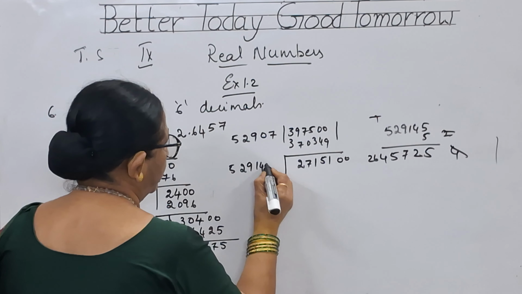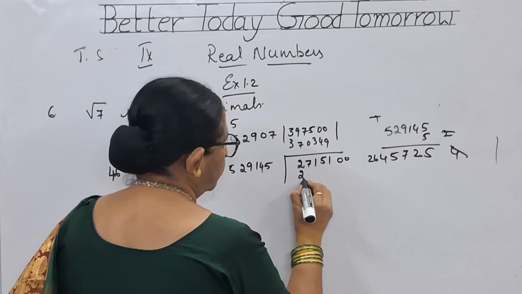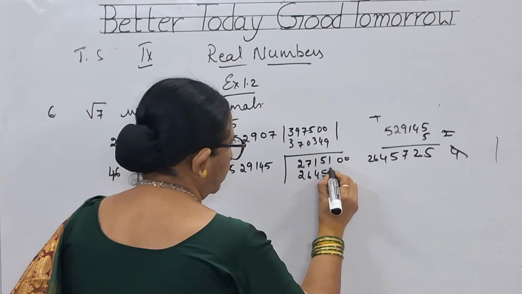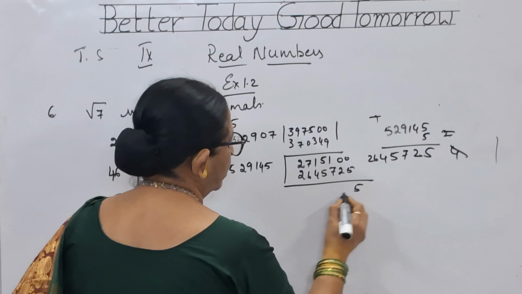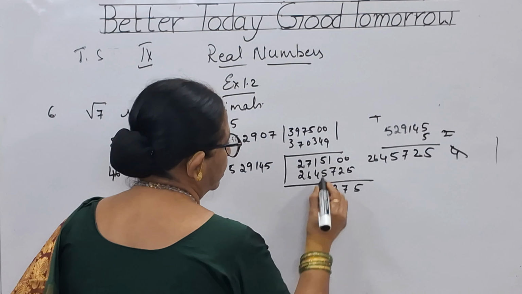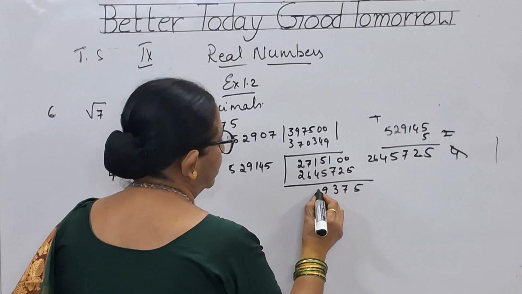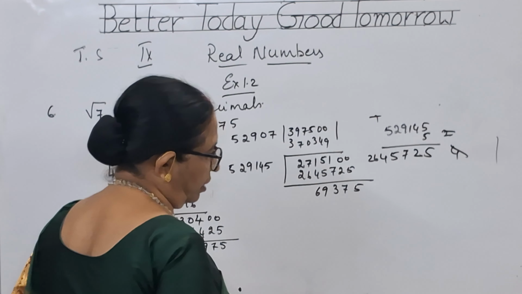It goes. So 5 here and 5 here. 2 6 4 5 7 2 5. So how much are you getting here? 5. 9 minus 2, 7. 3 here, 9 here, 6 here. 6 9 3 7 5.